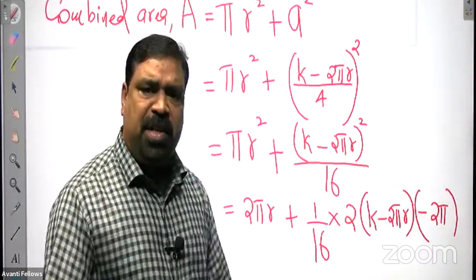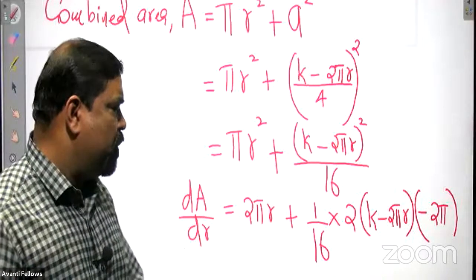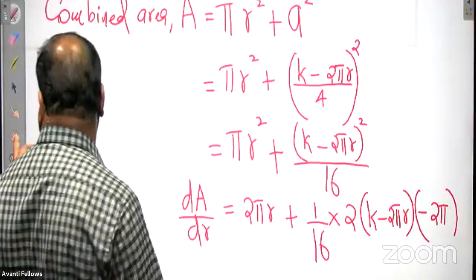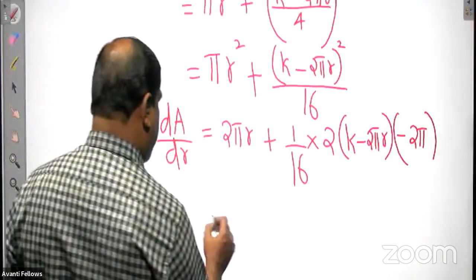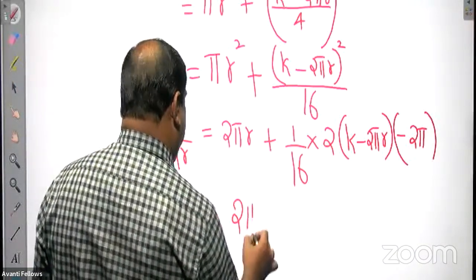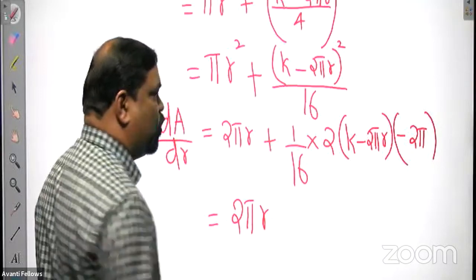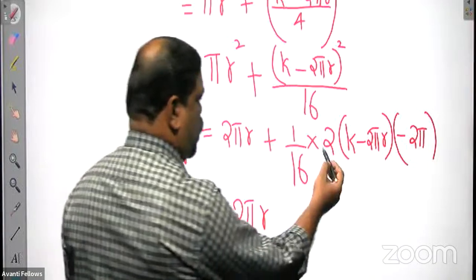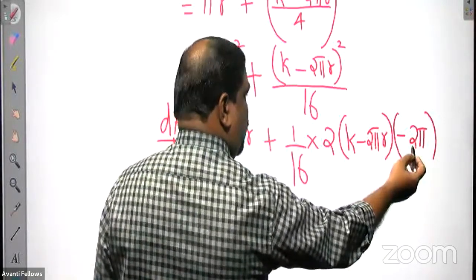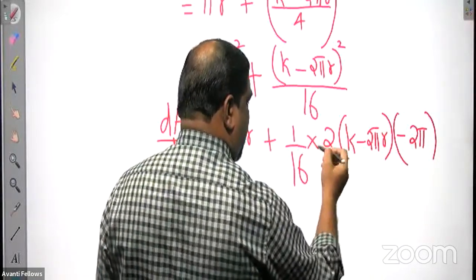Now the differentiation is over. First derivative is over. We can modify, little simplification is needed. So that's equal to 2 pi r, no change. Then second term: 2 into 2, 4. Actually, minus is also there, and divided by 16.